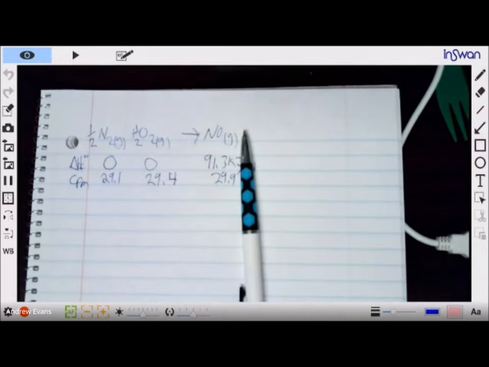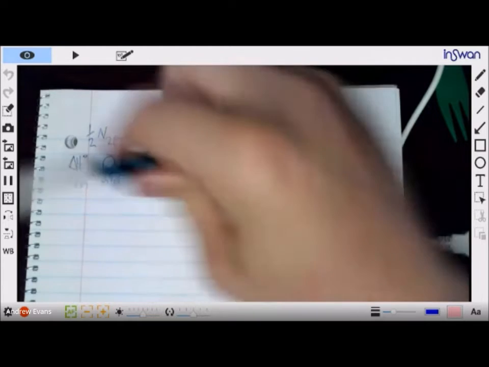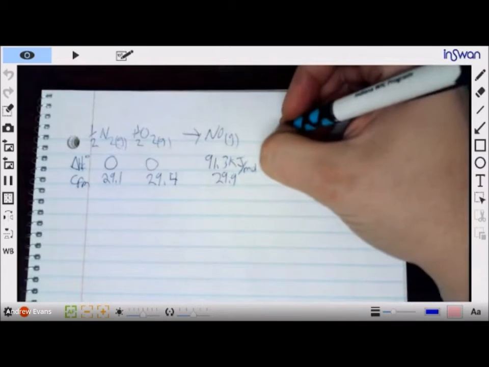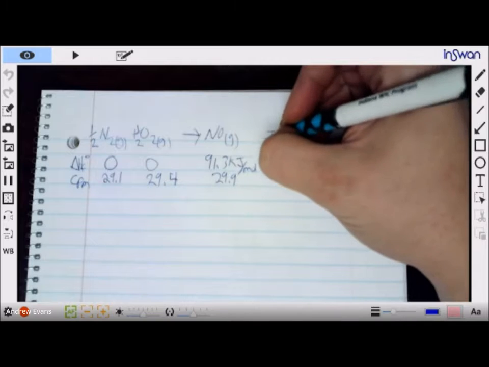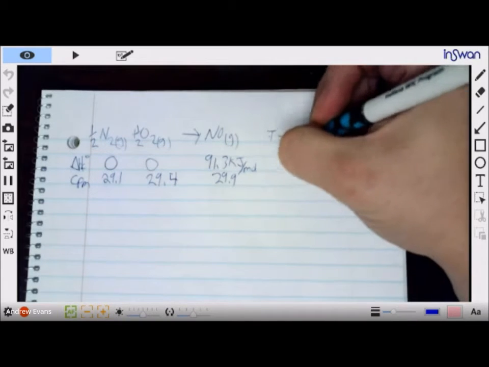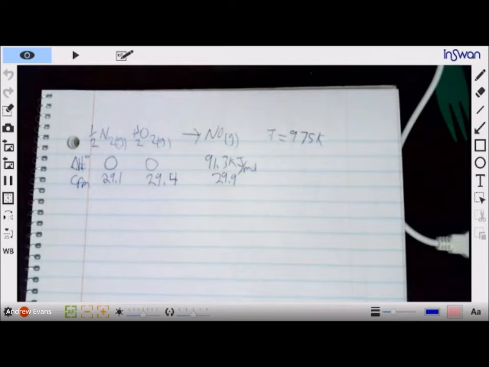Now, we want that at 975 Kelvin. To do this, we have to remember one simple little thing.